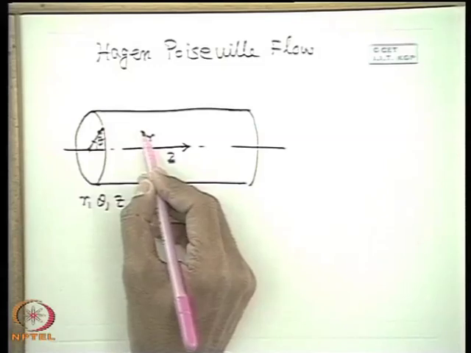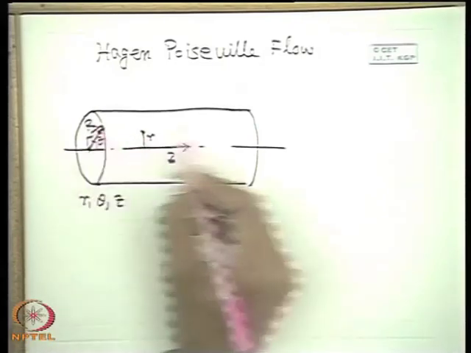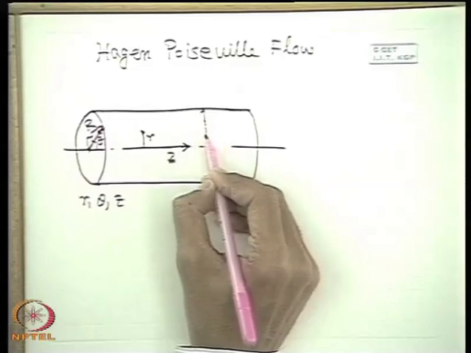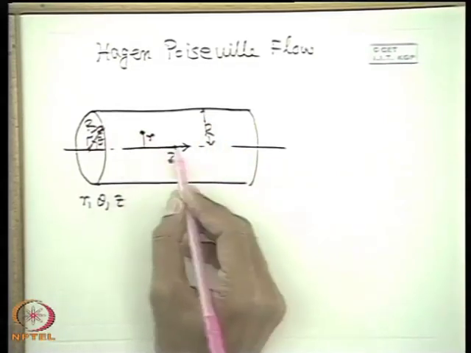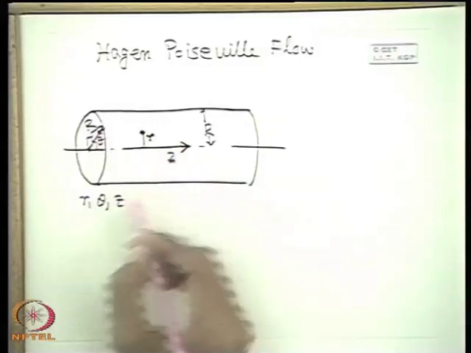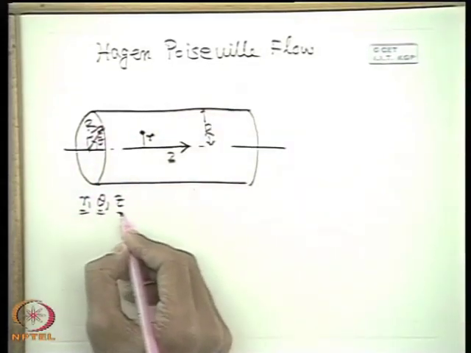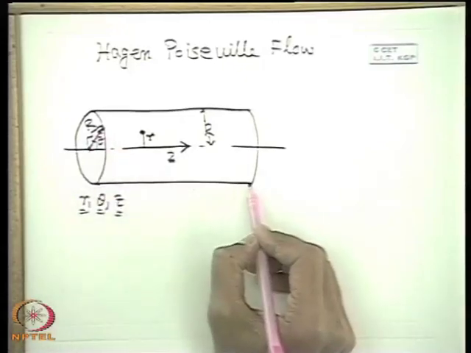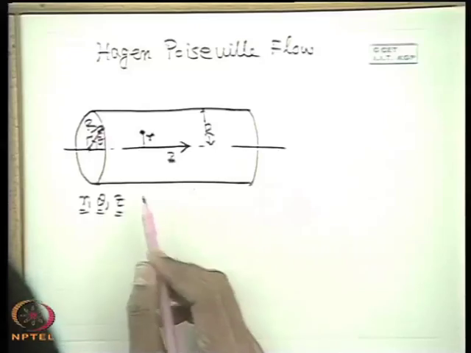R is the radial coordinate. At the surface, it is capital R, the radius of the circle. Any point has a radial coordinate R from the axis. This is the Z direction, and theta is the azimuthal direction. These three coordinates define the cylindrical polar coordinates compatible with the geometry of flow through a tube of circular cross section.